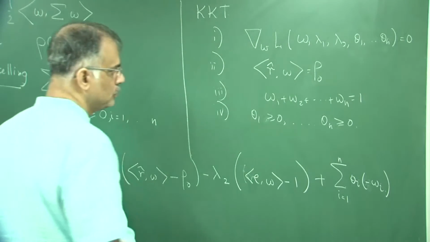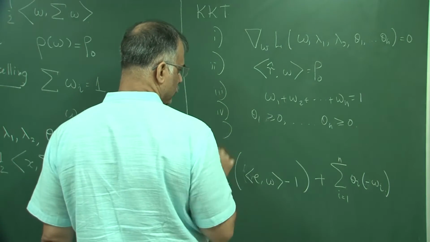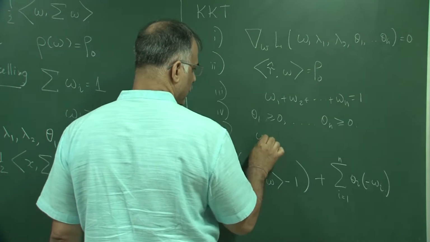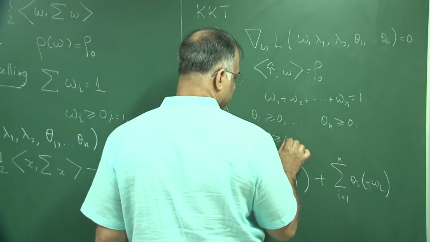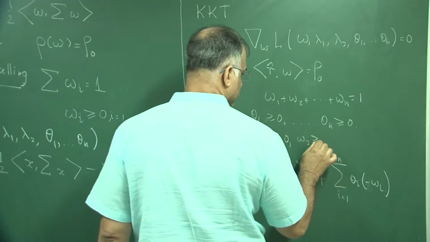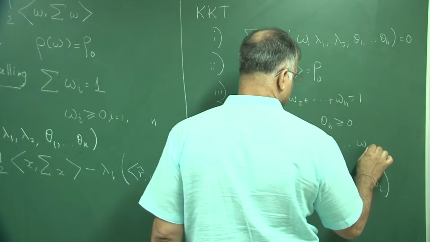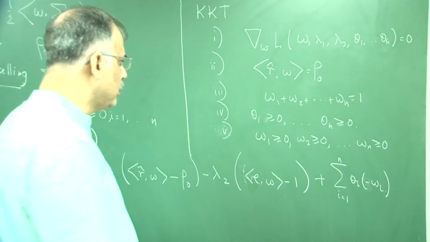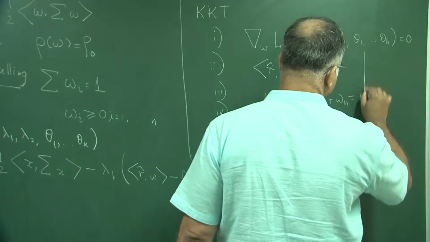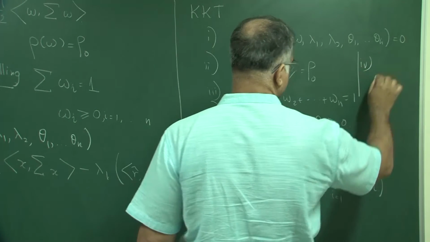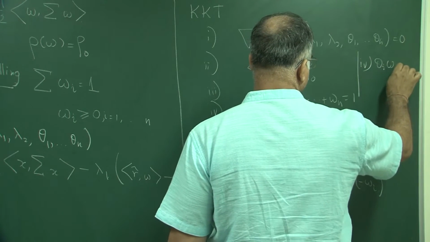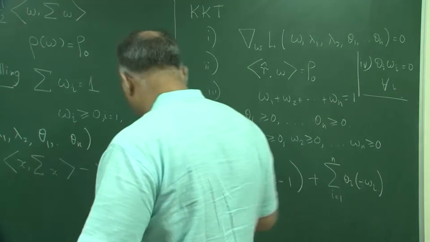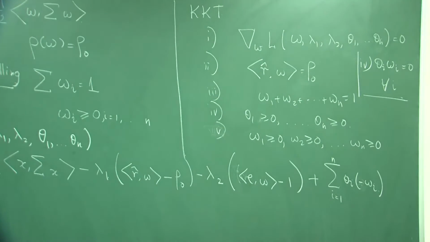Also, you have to be sure that, and further, there is another condition that would come, which we don't write here, the complementary slackness condition, that theta I rho I equal to 0 for all I. So solving this system of equalities and inequalities is not a trivial matter.